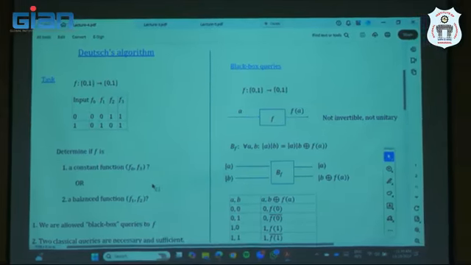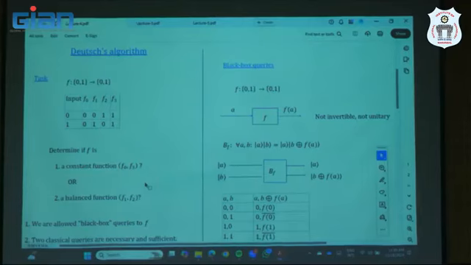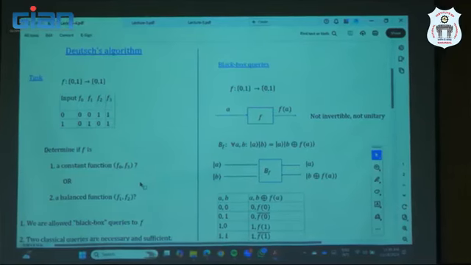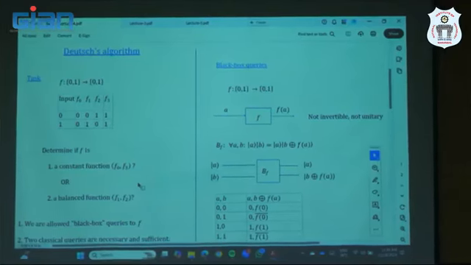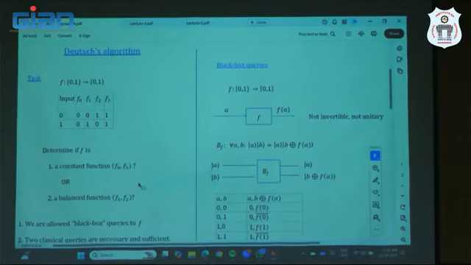Location number 0, location number 1. If we send A equal to 0, the output will be the bit written in the database at location number 0. Correct? That is how we will model our queries.